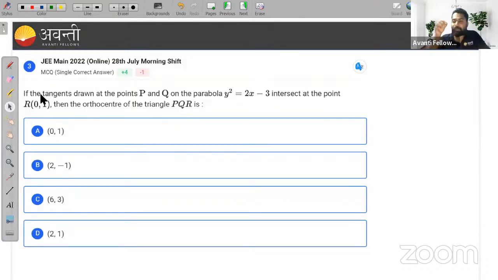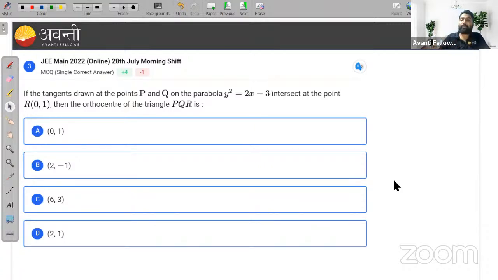Any one of you, can you tell me what is orthocenter? Already I told you in the chapter of straight line, right? What do you mean by orthocenter? Can you respond in the chat box? Actually, orthocenter is the intersection of all the 3 altitudes of a triangle.